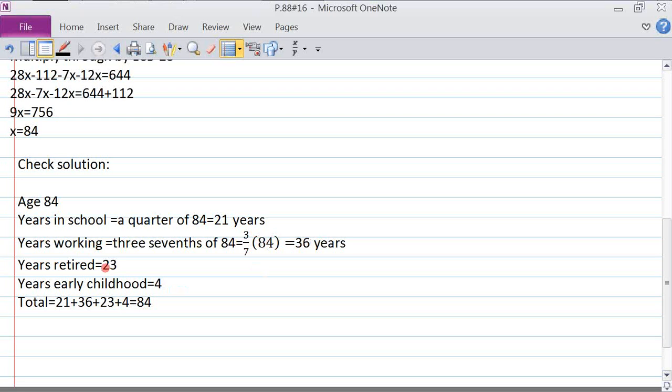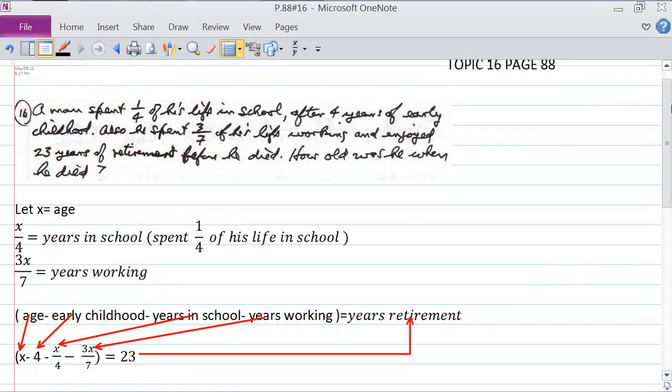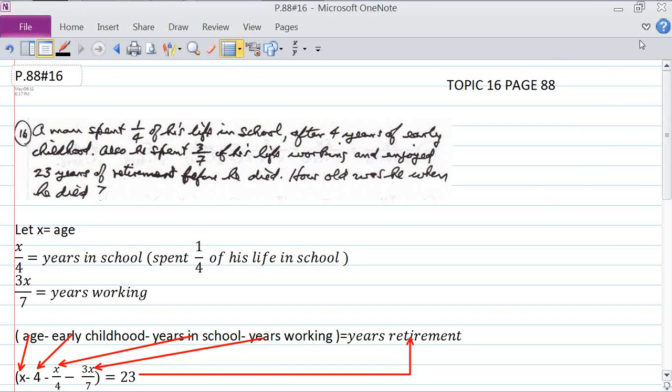And his years retired is 23, and 4 in childhood. So if we add up the years in school, the years working, the years retired, and the years in early childhood, it sums to 84. So we know we've got the right answer. This completes our discussion of page 88.